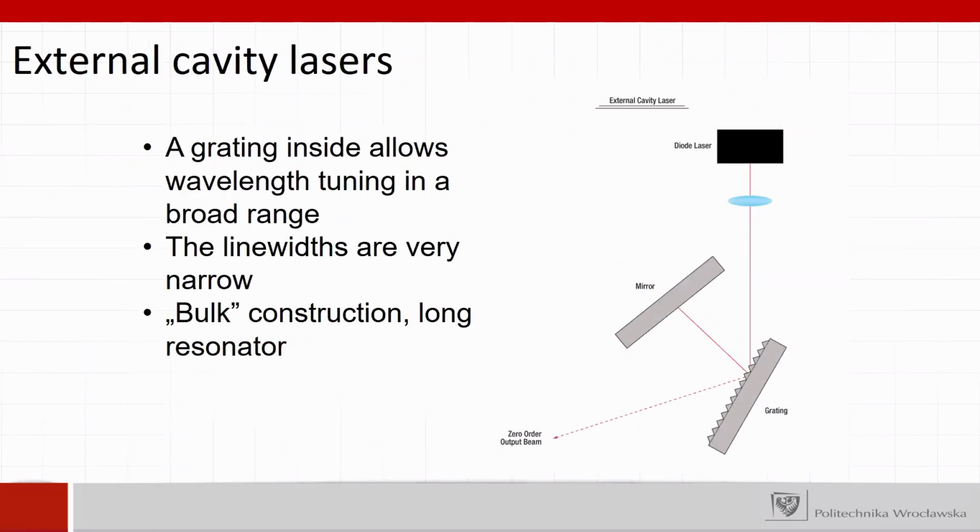And the fourth option is an external cavity laser. This is a laser in which we have one mirror somewhere on the back of the structure, and the second mirror is an external mirror which is separately placed at a given distance from the structure.